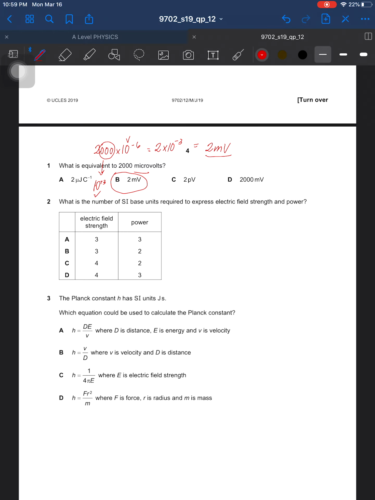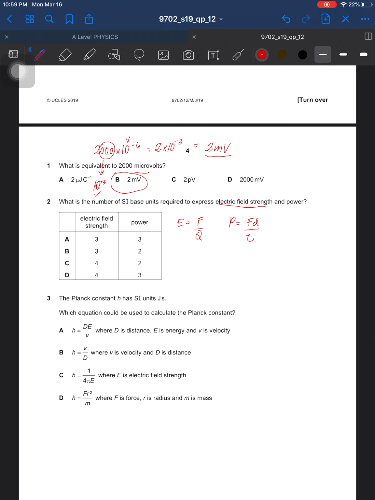Next, question number 2. You're asked to express electric field strength and power in SI base units, and we want to know how many SI base units are required for both. Electric field strength, for point charges, is F over Q, and power is just work over time.